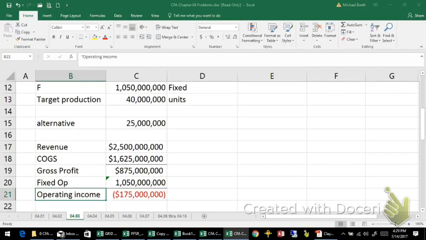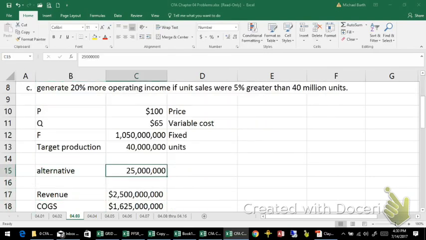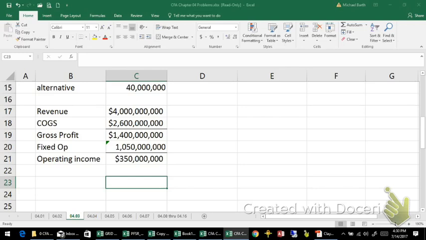Question B: if fixed production costs were 10% greater than 1.05 billion, would they have less operating leverage? Well, the definition of operating leverage, and I'm going to use the actual target production numbers. At 40 million units, we're expected to make $350 million in operating income.